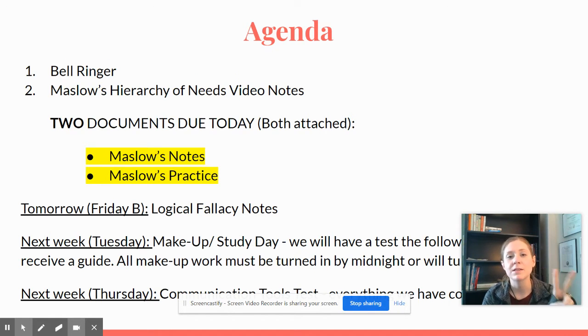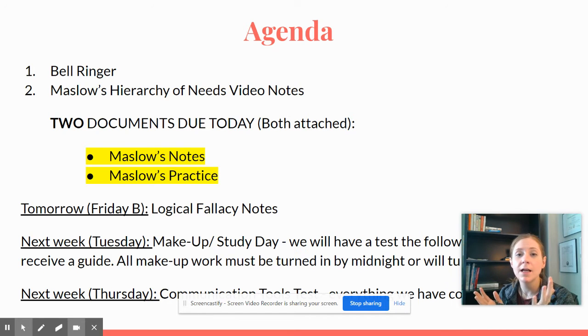The second is Maslow's practice. You're going to practice identifying which level of need is addressed in different circumstances. And you're also going to do a little bit of self-actualization and figure out what your level of needs are and how you feel like you're doing for each level of need. You'll understand in just a minute.